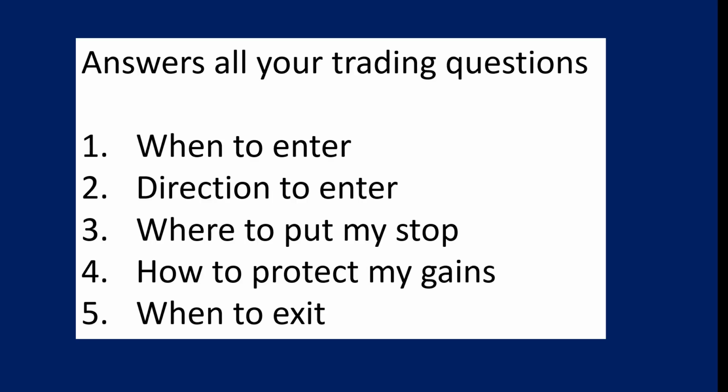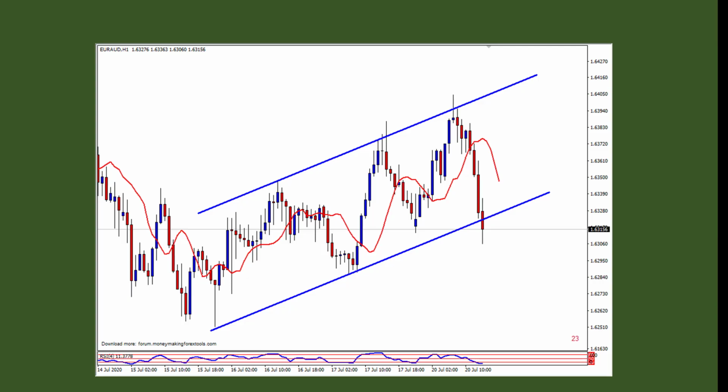Now, the beauty of the system is it answers all your trading questions. It says when to enter, tells you the direction of the trade, it tells you exactly where to put your stop and how to protect your gains, and when to exit. So let's explain the entry. The entry is basically enter on a trend line violation. On your screen here, you can see a trend line coming up.